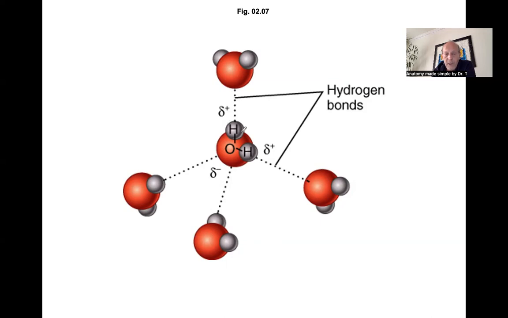The more positively charged part of the molecule exposing hydrogen is going to be electrically attracted to the more negatively charged end of another molecule of water where the oxygen is found. Same here, I'm just adding negative signs to point out that this is the more negative part of the water molecule.